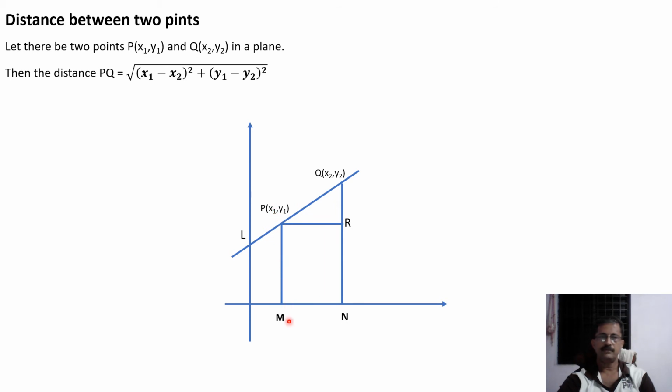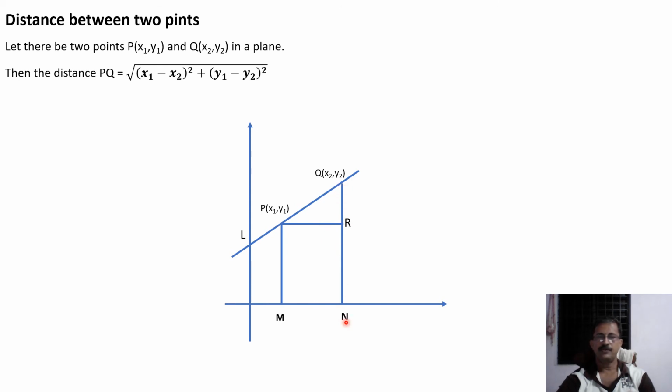So note here the distance from P to R is nothing but MN. What is MN? From origin to N minus from origin to M. So from origin to N is x2, from origin to M is x1. So MN is nothing but x2 minus x1. So PR is x2 minus x1.